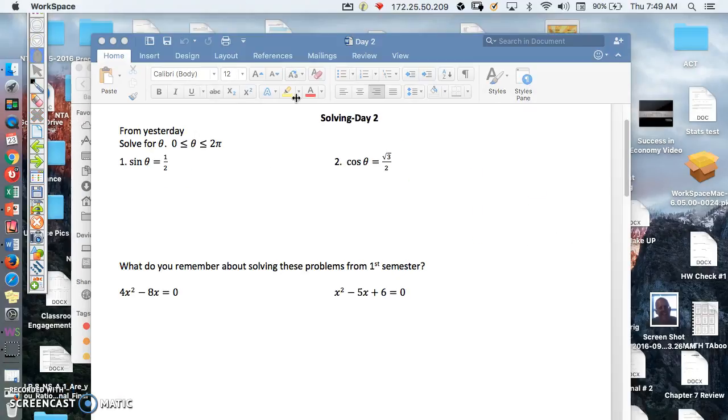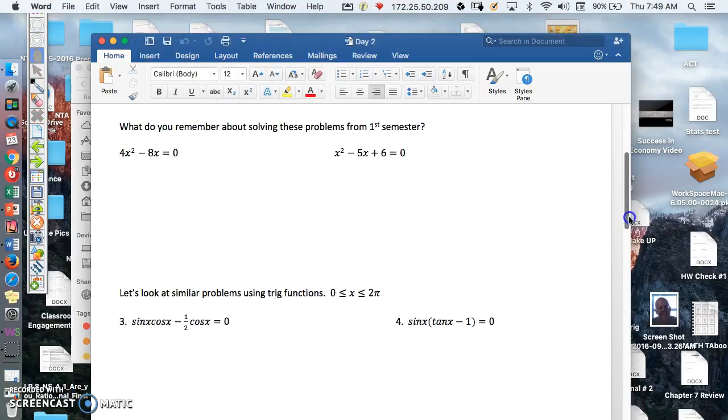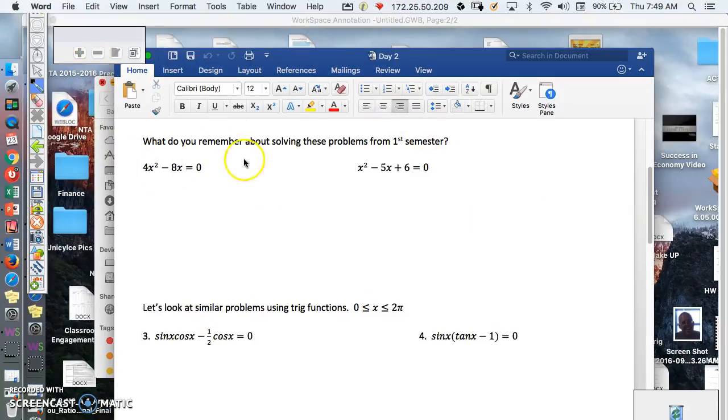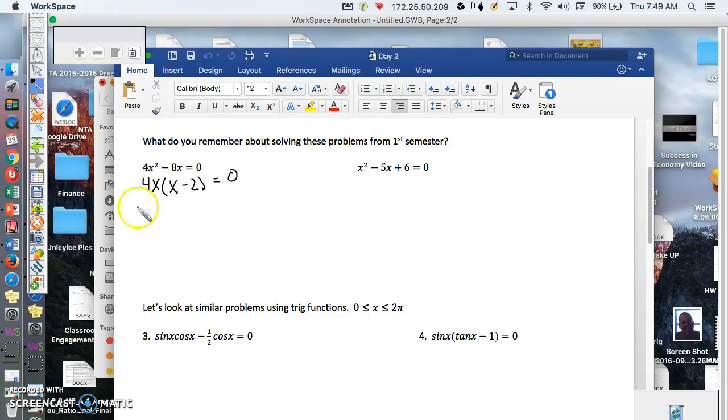So now what we're going to do is take a look at some that are a little bit more complicated. Going back to something from last semester, solving this. When we look at this one, we can factor out a 4x from both. So this becomes 4x times x minus 2 equals 0. So either 4x equals 0 or x minus 2 equals 0.